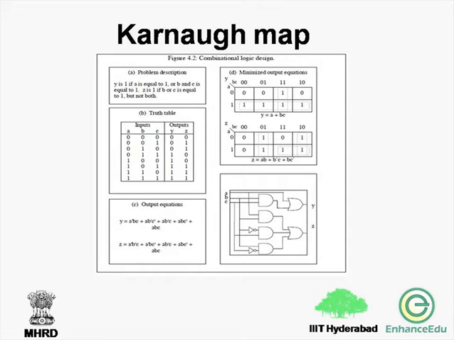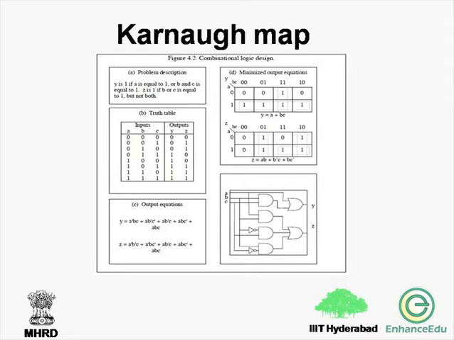According to the problem, the output Y is 1 if A is equal to 1 or B and C are equal to 1. In the first row, where the inputs are 0, 0, 0, the output Y is equal to 0 because the input A is 0 and B and C, that is 0 and 0, give 0 again.